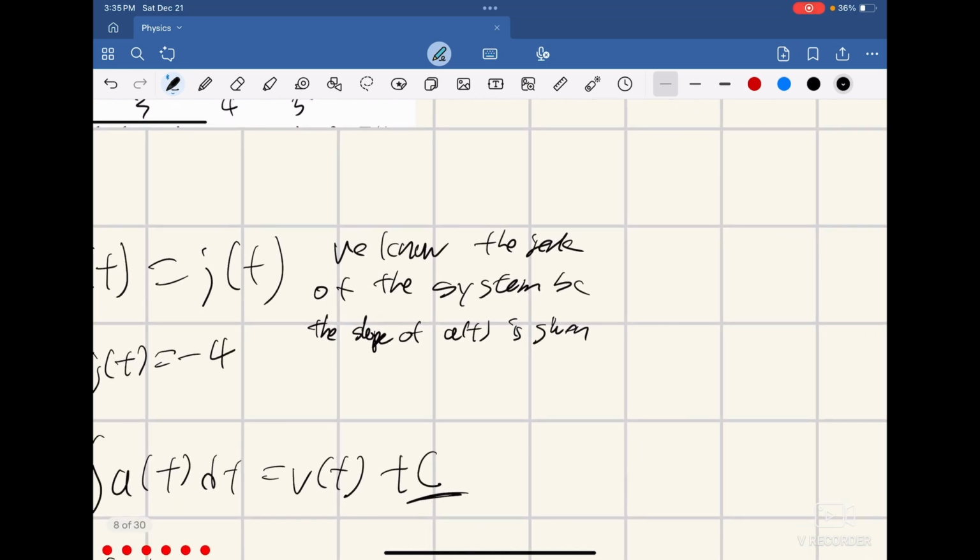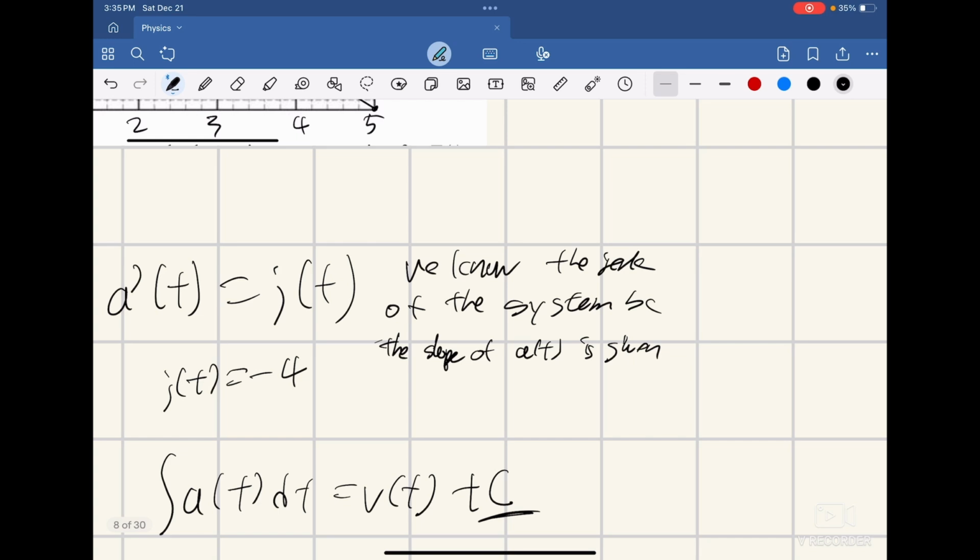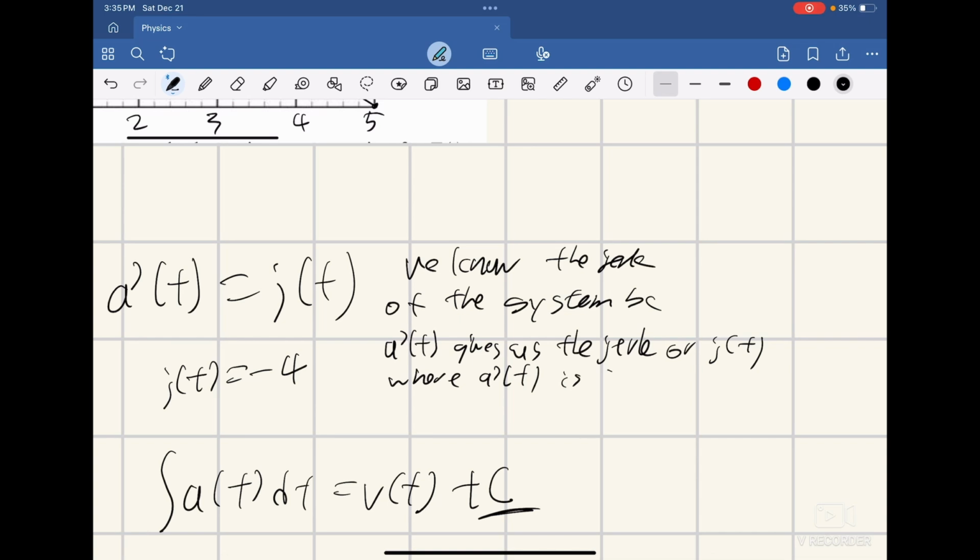And we know the jerk of the system because the derivative of A(t) gives us the jerk, or j(t), which is just the slope of A(t).